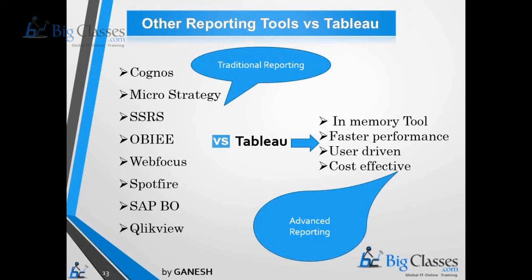But what is the difference between a traditional reporting tool and an advanced reporting solution? Cost-wise and maintenance-wise, traditional reporting solutions require a lot of manpower and additional activities. For example, with a traditional reporting tool like SAP BO, we require a metadata layer called a universe, a middle layer, where you put in effort to define that layer.